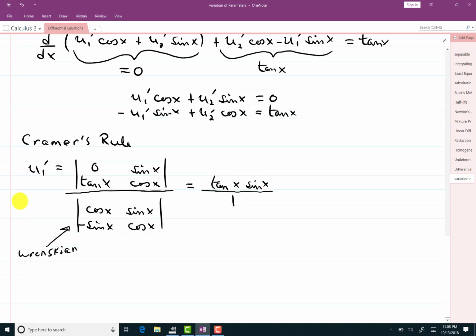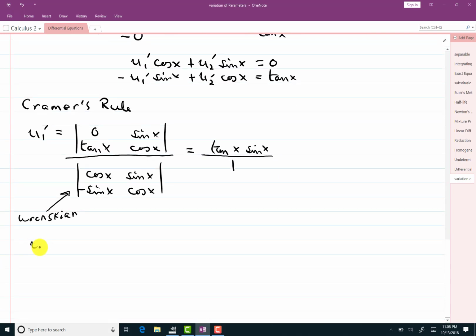Now, on the other hand, I can do u2 prime will equal, this time I will want this column of coefficients, cosine of x, negative sine of x, but then I'll replace this column of coefficients with the result column. 0, tangent of x, and we already know I divide by exactly the same thing.